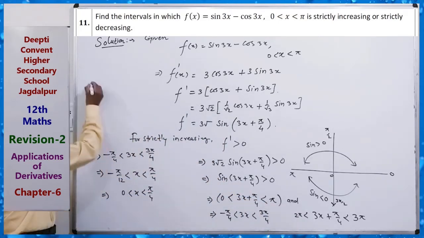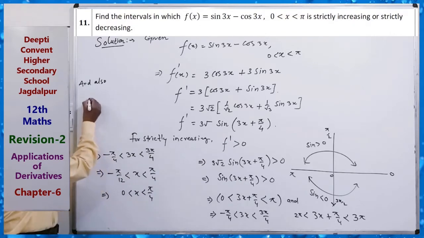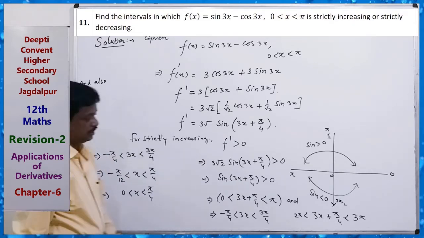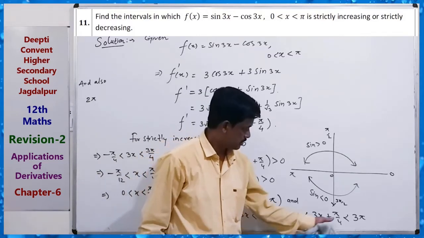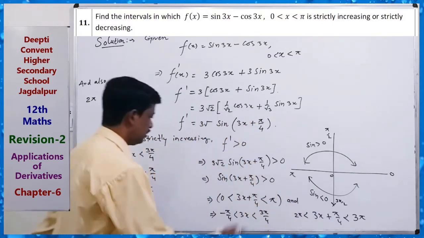After this line, and also this 2 pi, here subtract pi by 4 from all 3 places.